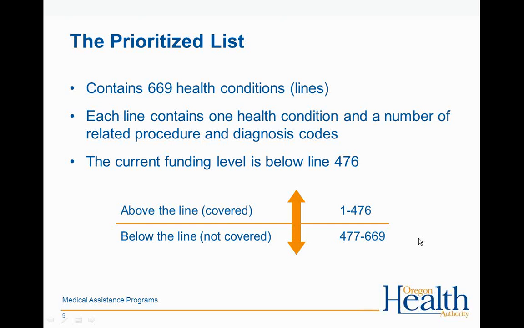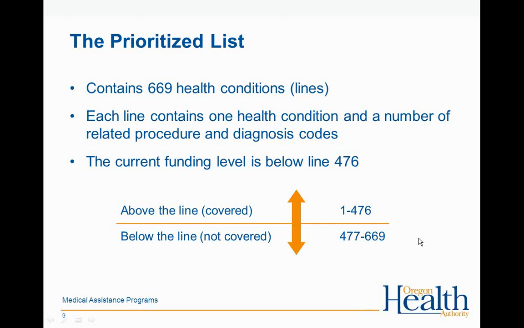Now currently, as you're picturing your list, we have 669 health conditions or lines on that list. And then each line, again, contains the health condition and then related diagnosis and procedure codes that are billable to the Oregon Health Plan.